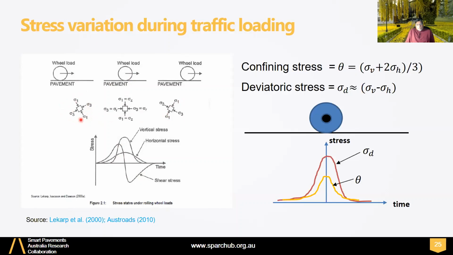So principal axis rotation takes place, and that can influence the rutting. Unfortunately, RLT cannot simulate that. In many instances, this principal axis rotation has been found to significantly increase the rutting if it is not considered. So currently, SPARC Hub is working on this topic to develop a better test method, but it is not easy.